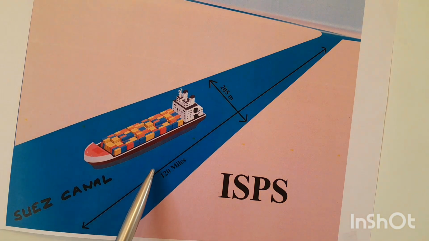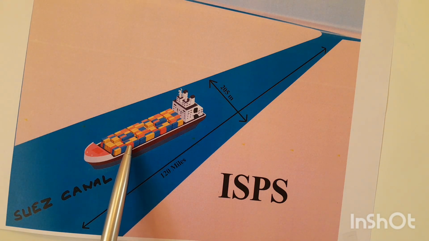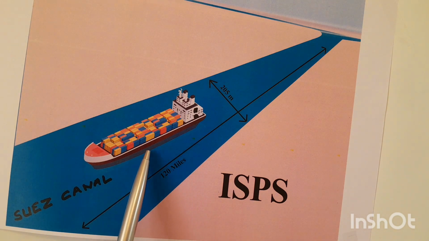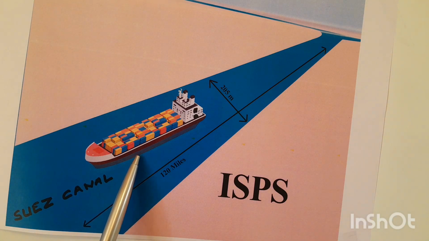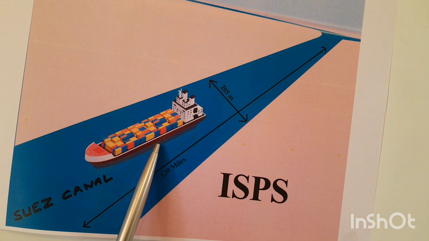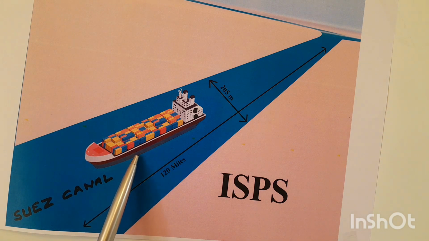To overcome this problem, the issue was also discussed with IMO, who came out with the ISPS code, and they provided some relief to the ship by allowing it to keep a security officer, the ship security officer. The ship security officer is a person trained in dealing with arms and ammunition, meaning he knows how to fire and use weapons.